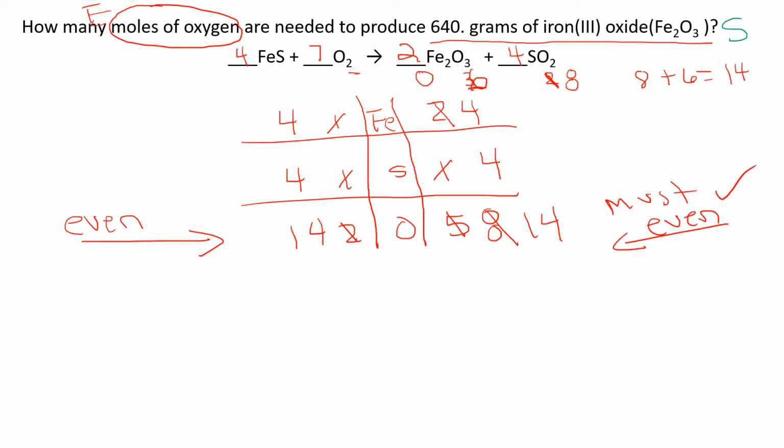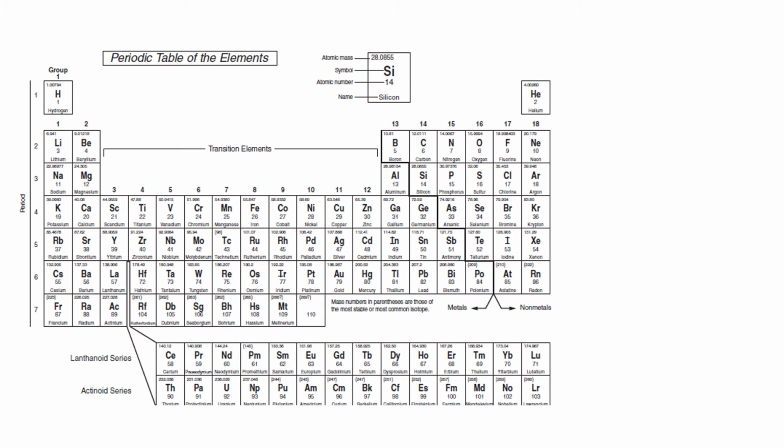The third step is we need to find, since we're looking at oxygen, the molar mass of iron 3 oxide and oxygen. So if I look here on my periodic table, there's iron.